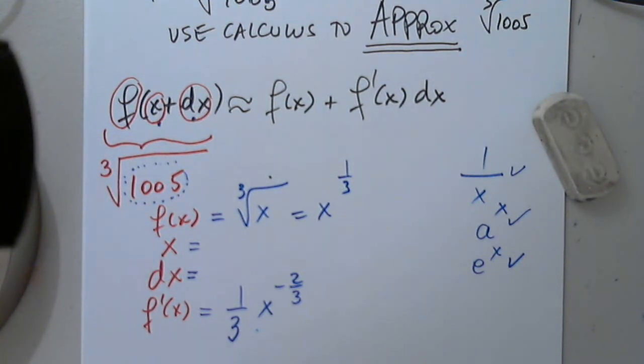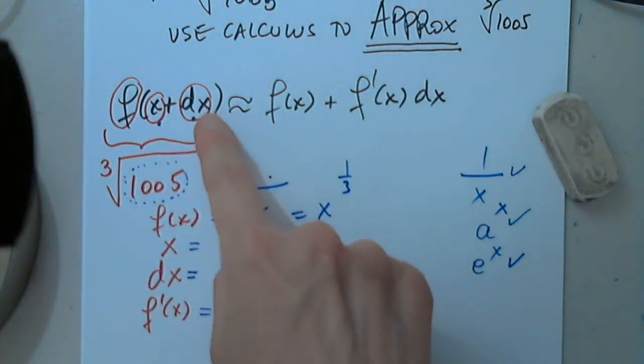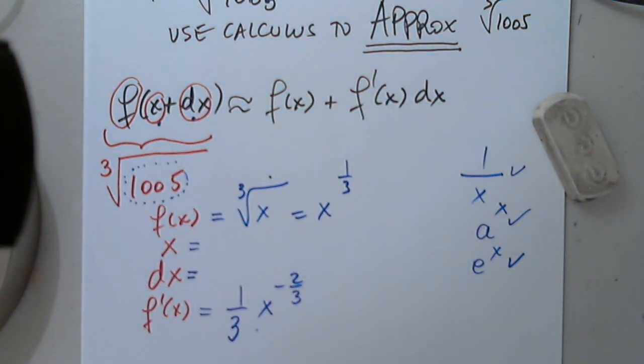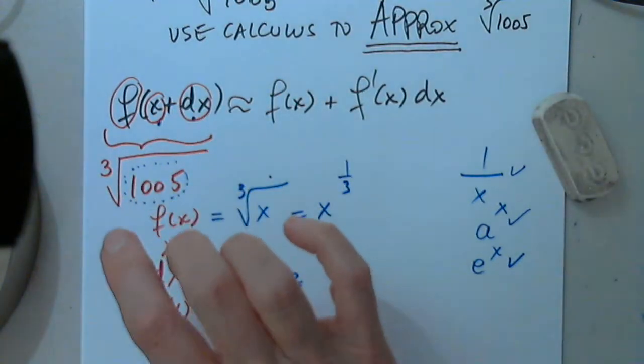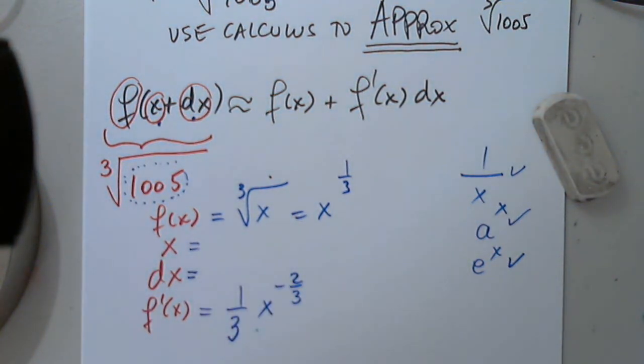It cannot be, because if this is 1005, then what is dx? 0? It cannot be 0. So look at 1005 and say, I think x is this number because I can take the cube root from it very easy. Approximately 10.